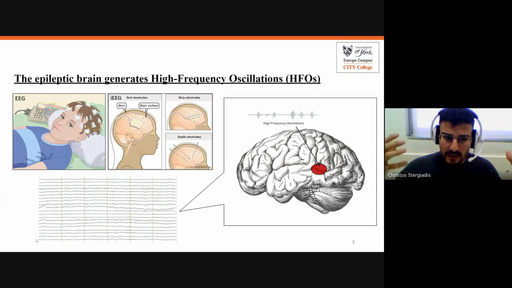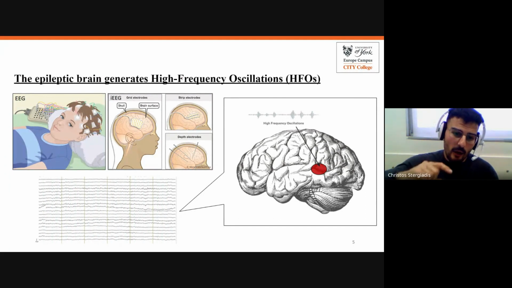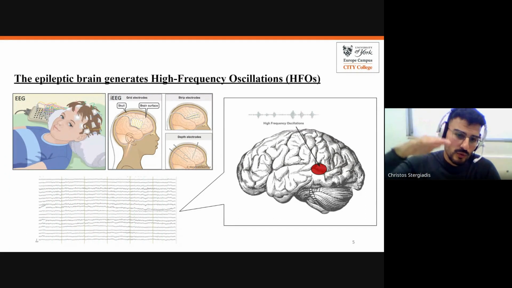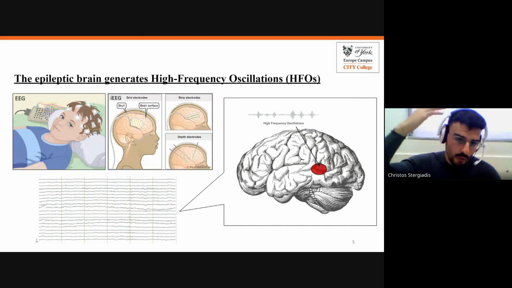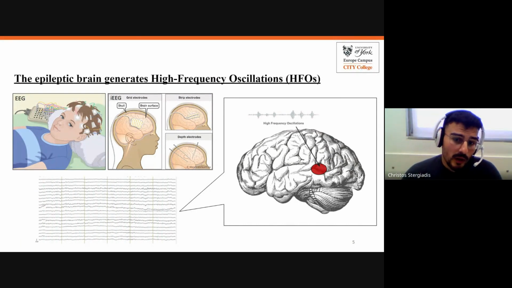However, instead of just putting the electrodes on top of the head, on top of the skull, I open some holes and I put electrodes either on top of the brain itself, or I put deep probes that go into deeper structures, as you can see with depth electrodes here, and I record the electrical activity more accurately. In both cases, either using EEG or intracranial electroencephalography, my data looks something like this.